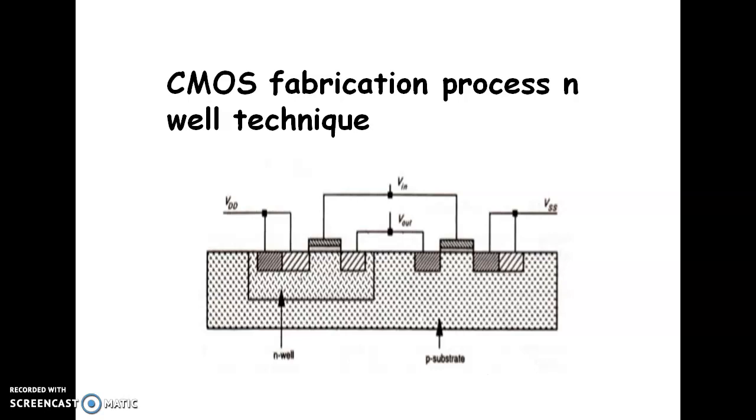So here also we need to optimize the well depth. All this should be done. But we can have some problems like latch up. That is the formation of short circuit paths from VDD to VSS due to formation of unwanted parasitics. So two transistors will be formed and they will be continuously conducting from VDD to VSS, which may cause damage to the device.